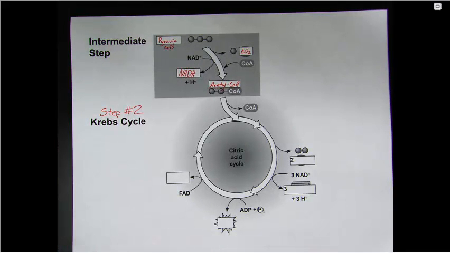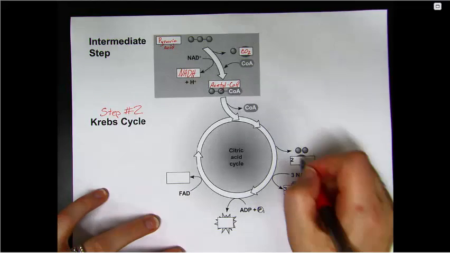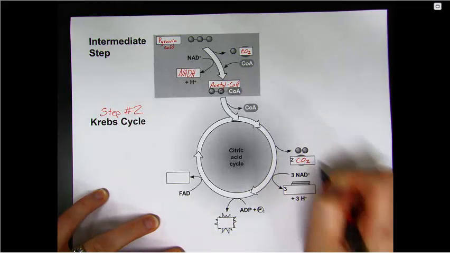The citric acid cycle gets its name from the first main component that is produced, which is citric acid. However, that citric acid is very quickly broken down and turned into something else. So what you need to know is that the Krebs cycle, or the citric acid cycle, produces some more carbon dioxide.